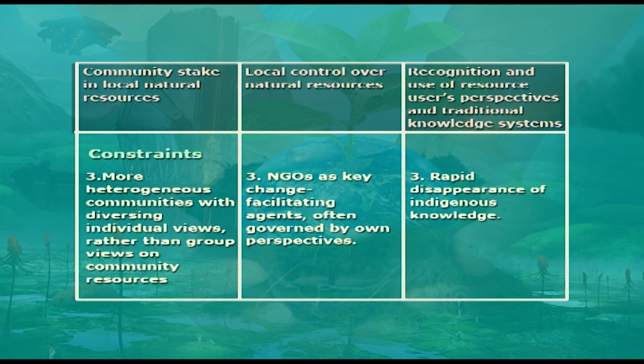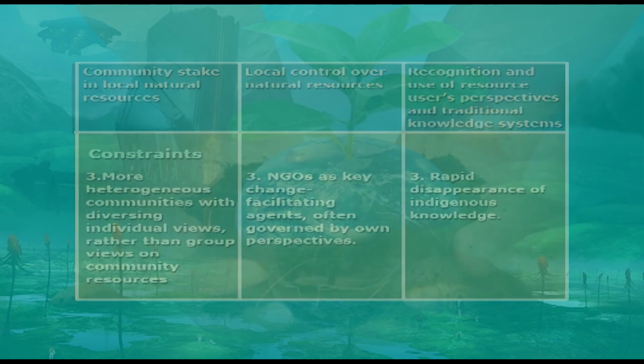Number 3, more heterogeneous communities with diverging individual views rather than group views on community resources. NGOs as key change facilitating agents, often governed by their own perspectives. Then, rapid disappearance of indigenous knowledge.